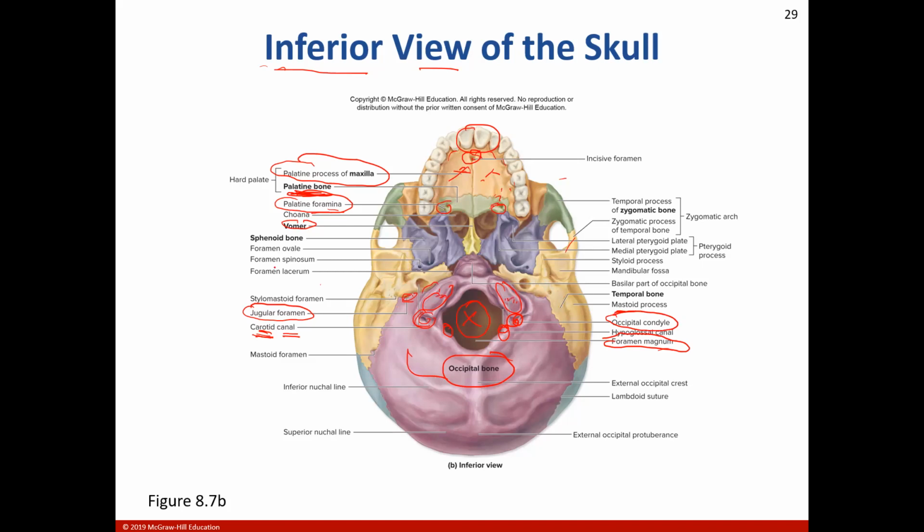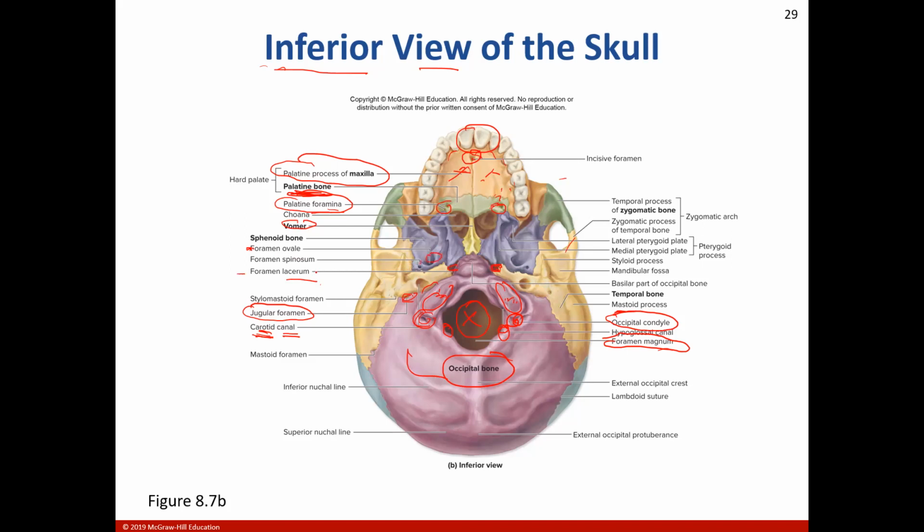And as you go up, there's a bunch of foramen. Foramen lacerum. Lacerum means like torn. So it has like a torn appearance right around this part right here. So foramen lacerum. Then you have an oval shaped foramen on both sides, and that's called your foramen ovale.